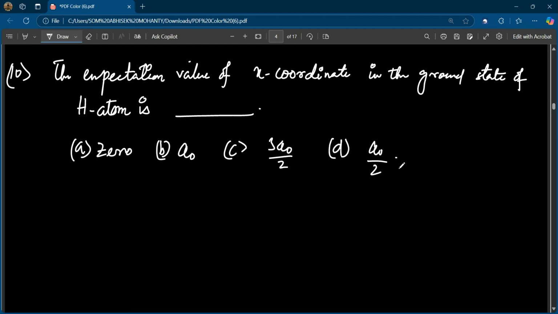The expectation value of x coordinate in the ground state of hydrogen atom is 0, a naught, 3 a naught by 2, a naught by 2. Try.